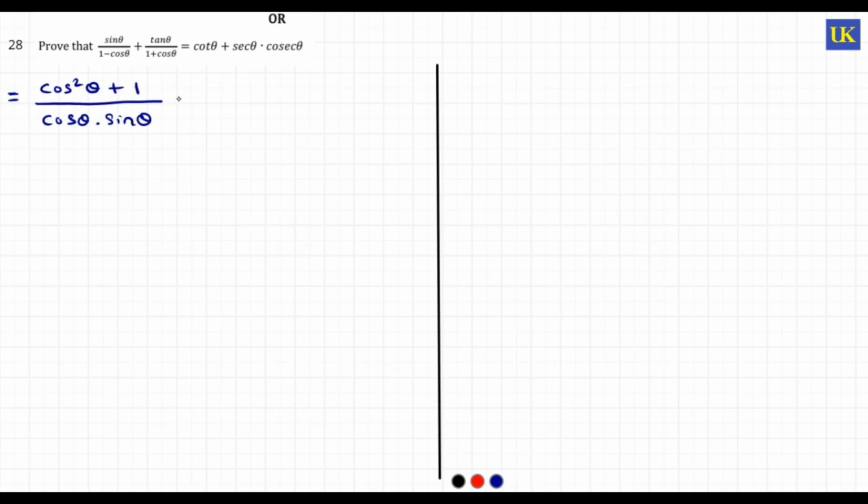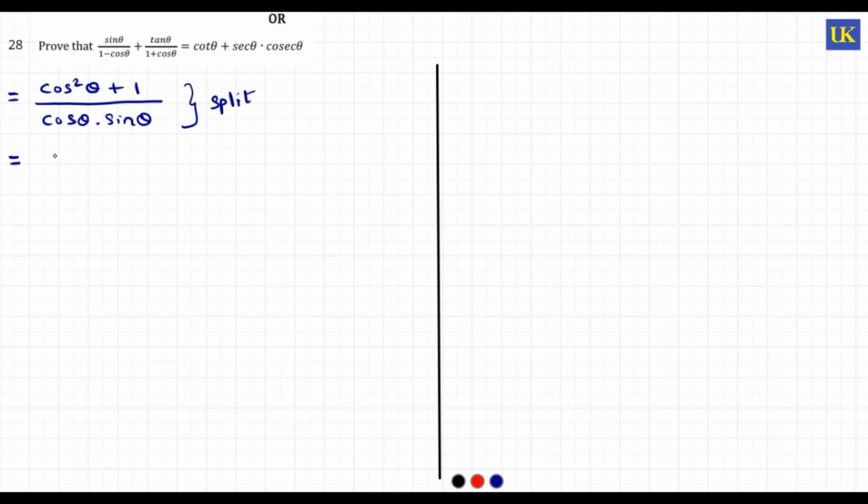So where we left on the last page, I have written that here. We'll continue further now. What we have to do is split this. We will separate this and write.